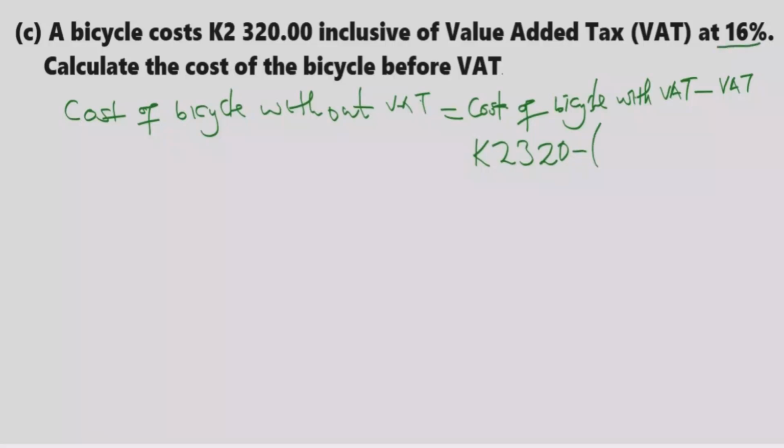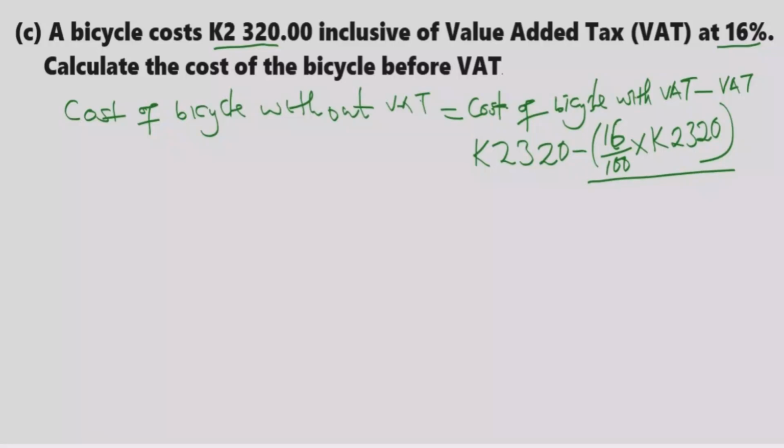So open bracket, then we say 16%, which means out of 100. So we can say 16 over 100 times the cost of the bicycle, which is 2,320 kwacha, cross bracket.